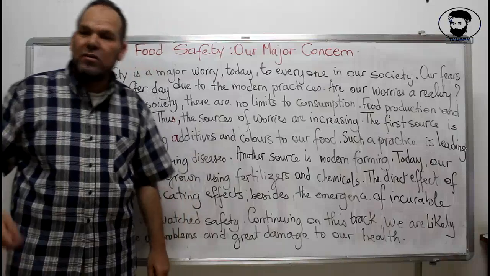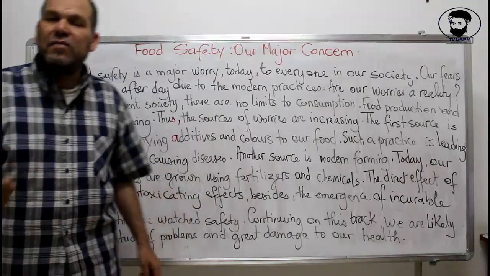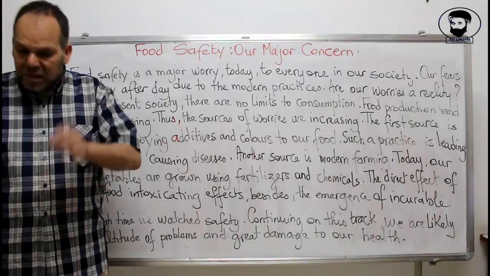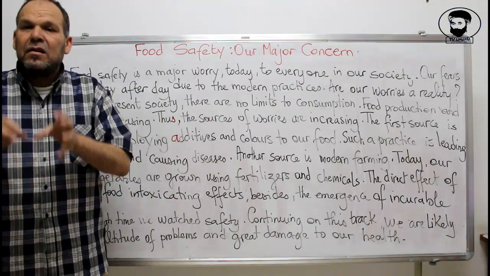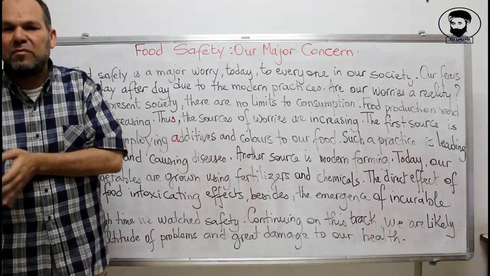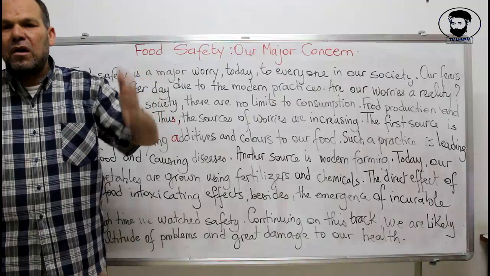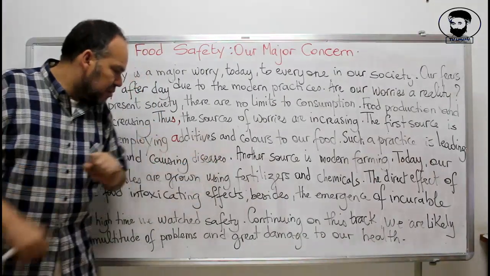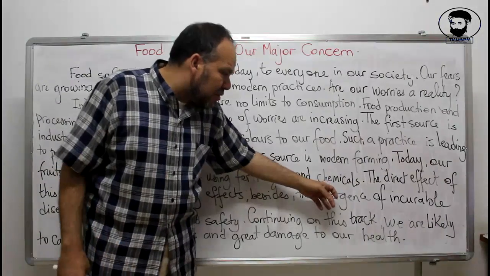Fertilizers and chemicals. So now the farmer is not using only the natural form of the land, but is adding things in the land, in the ground, to the fruits and to the vegetables to get a bigger or get more product. So as a consequence, what?